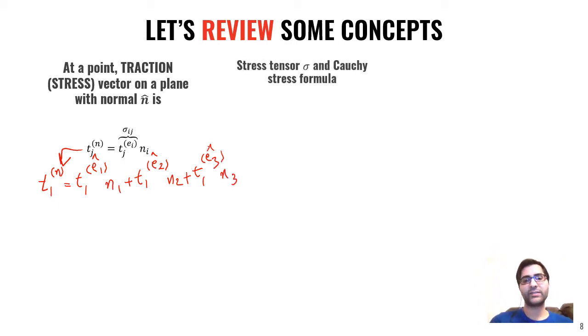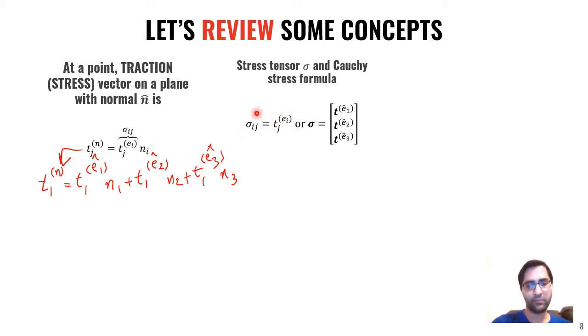Then we talked about a stress tensor sigma and the Cauchy stress formula. We simply named Tj of Ei as sigma ij. So basically, for example, sigma 1 2 is equal to the second element of the traction vector on the surface normal to E1.